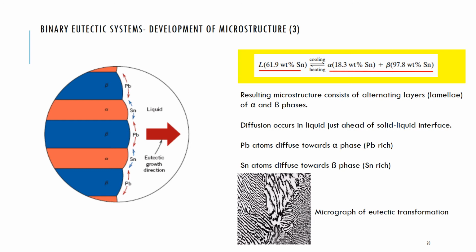What happens is that as a solid phase starts to nucleate at the solid liquid interface, diffusion occurs just ahead of that interface. And lead atoms will diffuse towards the alpha phase, which is rich in lead, and tin atoms will diffuse towards the beta phase, which is rich in tin, and you get the evolution of microstructure with this lamellar appearance.